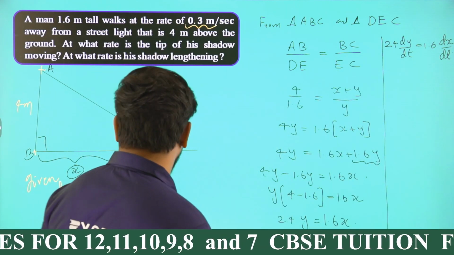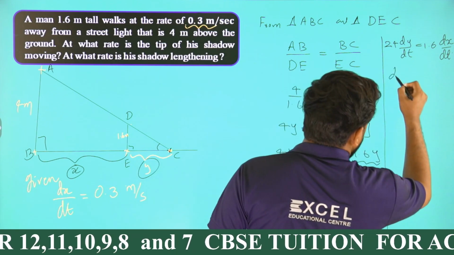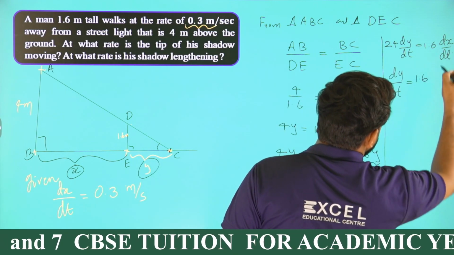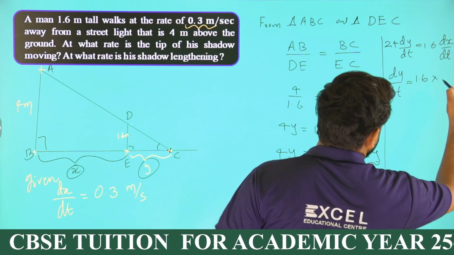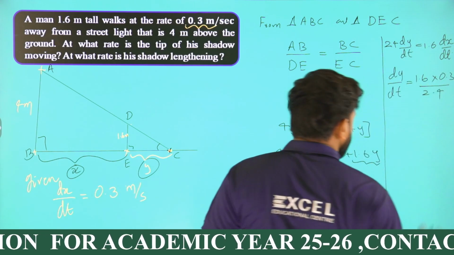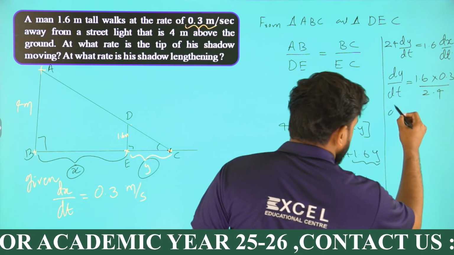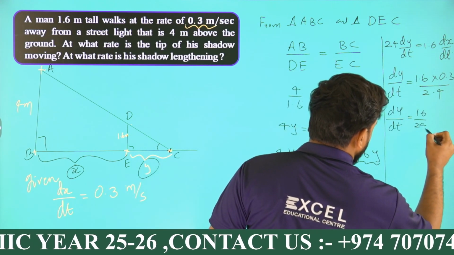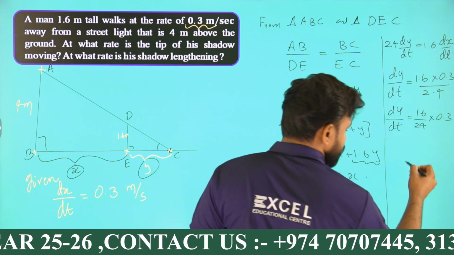So you already got dx by dt, that is 0.3. So dy by dt will be 1.6 times dx by dt. dx by dt is 0.3, and this 2.4 will go to here. Ready? Or you can write it like dy by dt is equal to 16 by 24 into 0.3.